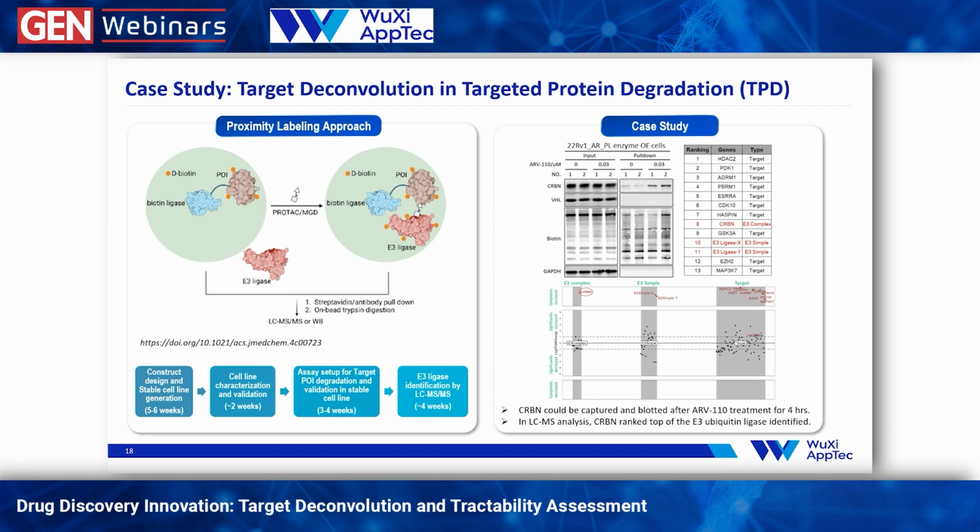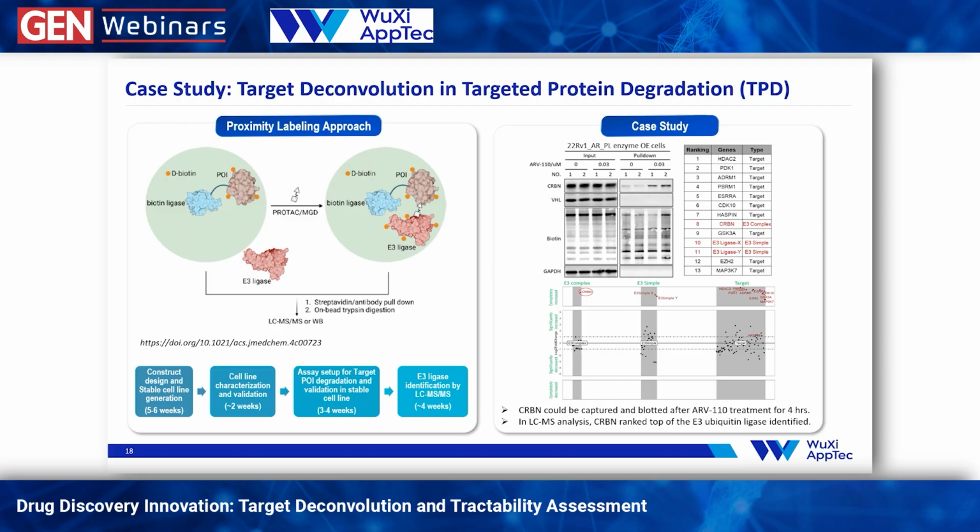As we all know, for targeted protein degradation to happen, the glue or the PROTAC has to recruit an E3 ligase close enough to the protein of interest. So using this proximity labeling approach, the biotin ligase can biotinylate the E3 ligase that gets close enough to the POI, and then we can use proteomics to identify the E3 ligase involved in this particular molecular glue.